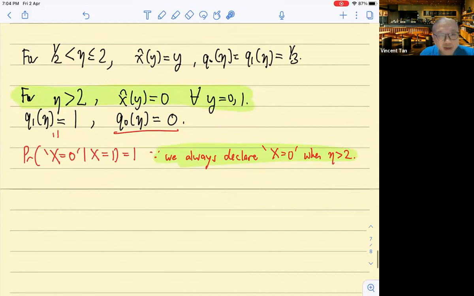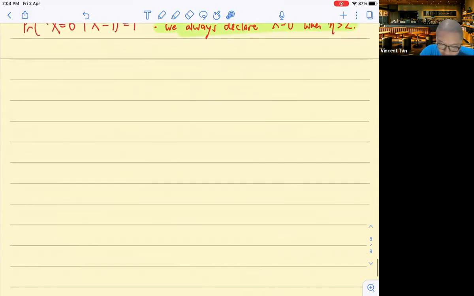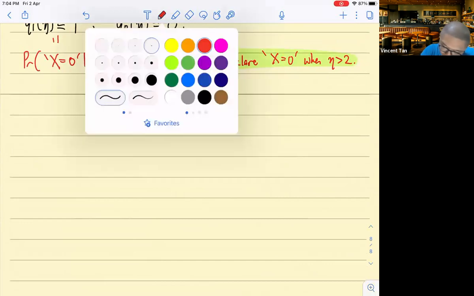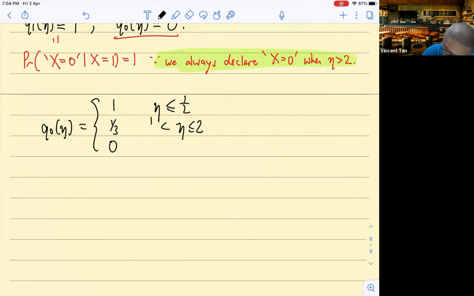So now we are ready to actually do our error plot, our error curve. Let us summarize our findings. So Q0 of eta is equal to what? We have 3 cases: 1, 1/3, 0, when eta is less than or equal to half, when eta is between half and 2, and when eta is bigger than 2.